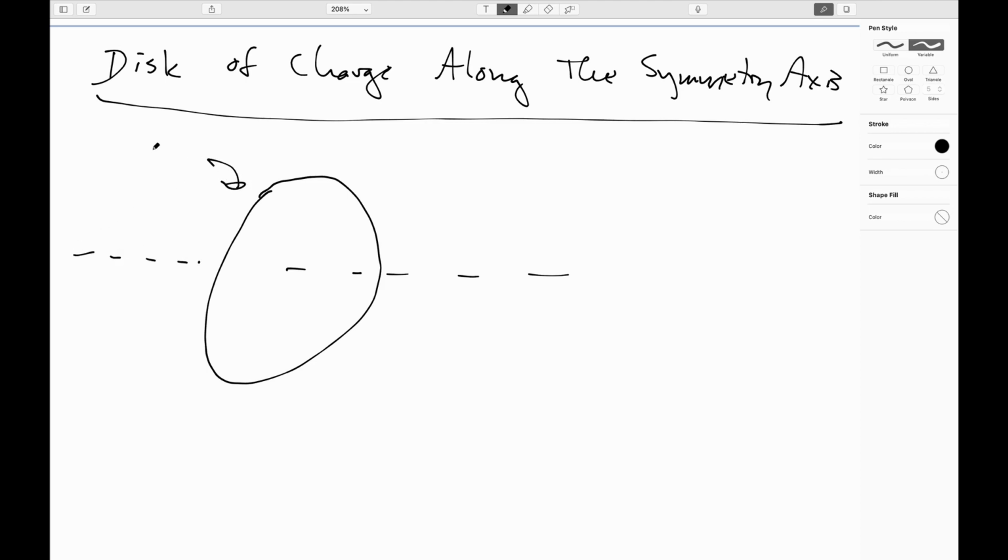This is now a disk, and you know it is because I wrote a label saying it is a disk, and I'm trying to draw in perspective. Okay. So let's say again you are some distance z out along the symmetry axis of the disk.